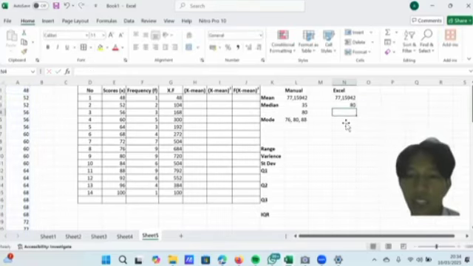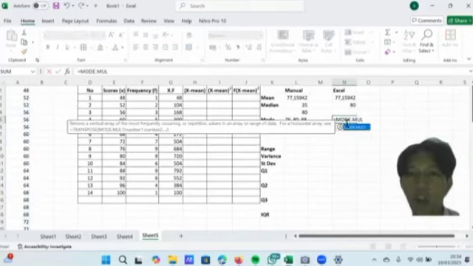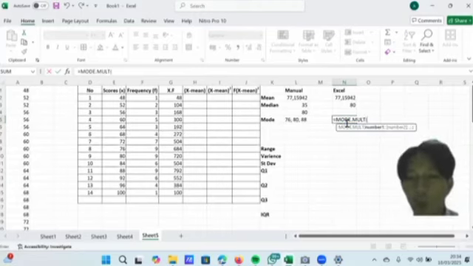Enter. And then for the mode is also MODE with all the data. Because there are three modes, so we use MODE.MULT.